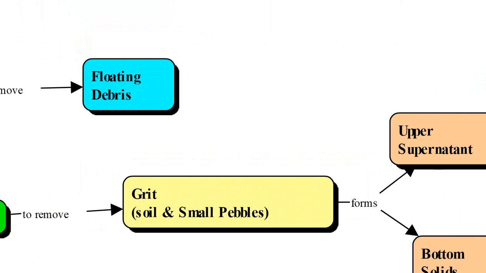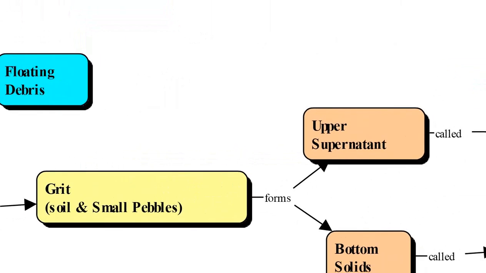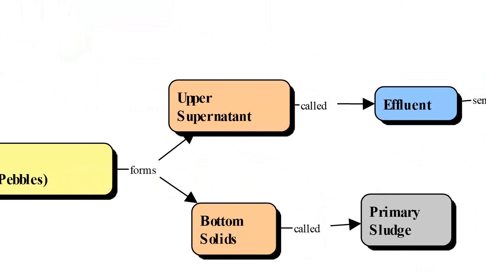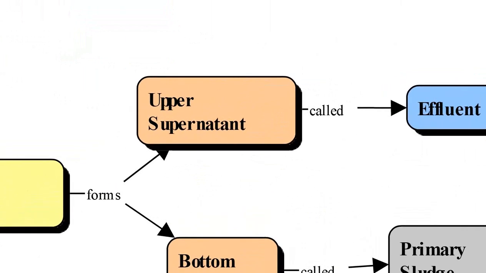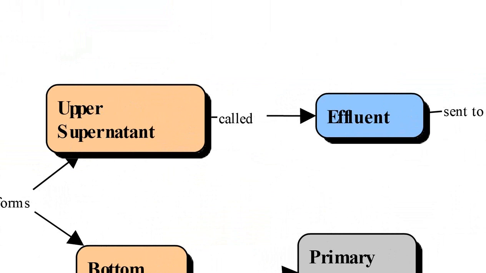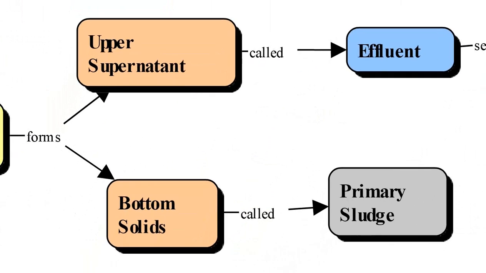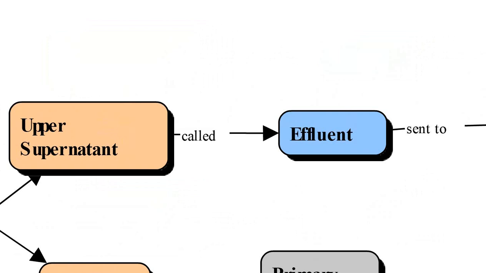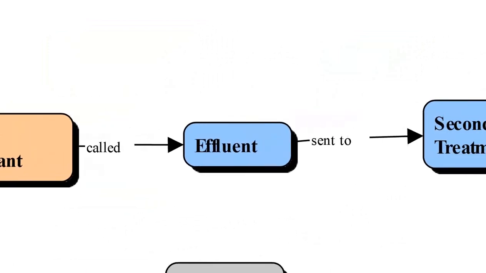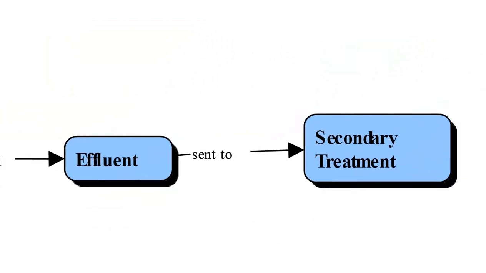Then after removing these, the sewage is allowed to sediment, and this sedimentation gives two components. The upper supernatant is usually called the effluent, and the bottom portion is filled with the solids, and these bottom solids are called the primary sludge.